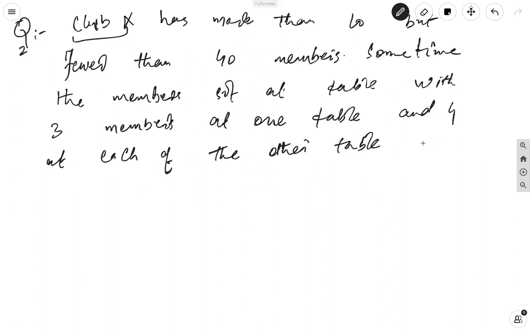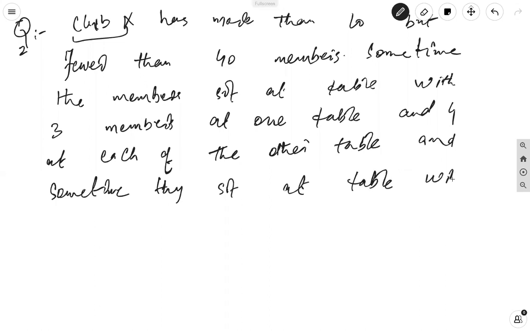And sometimes they sit at a table with 3 members at one and 5 at each of the other tables.